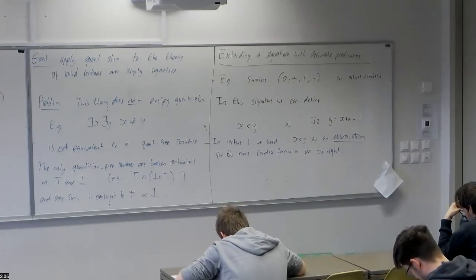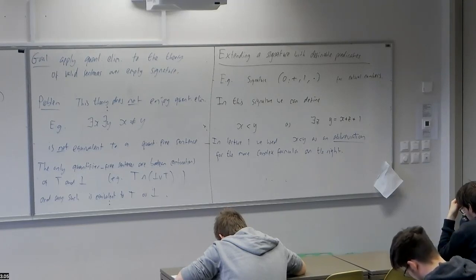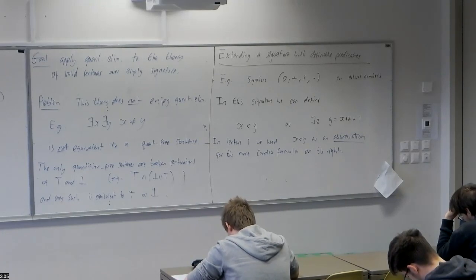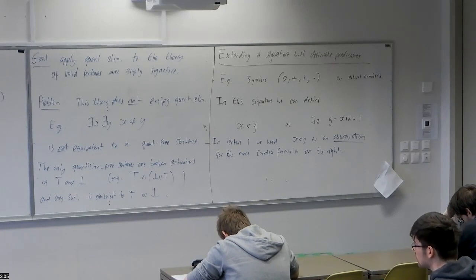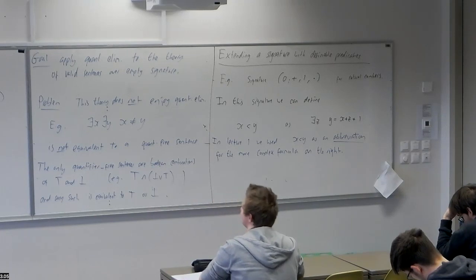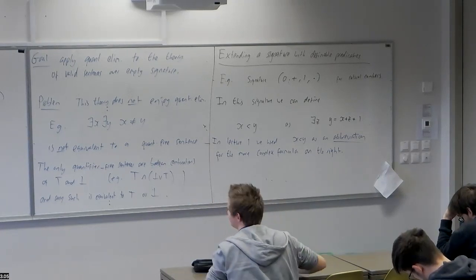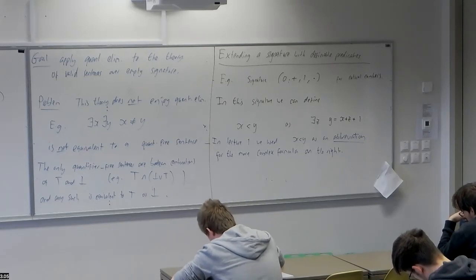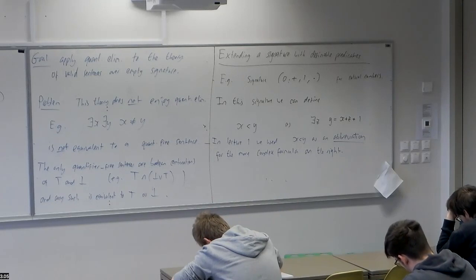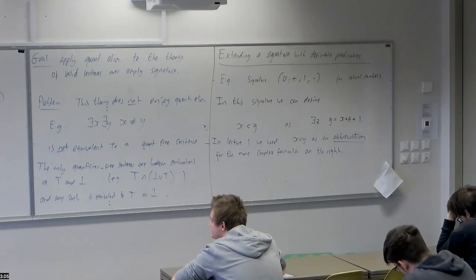The new signature in this case would be: we still have 0 and plus and 1 and times, but we also have the primitive less-than relation, and we add the defining equivalences: x less than y if and only if there exists a z such that y equals x plus z plus 1.